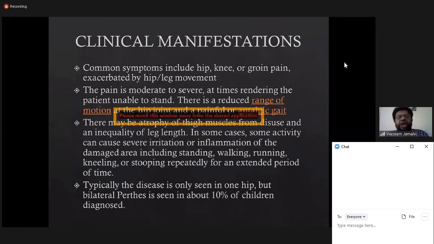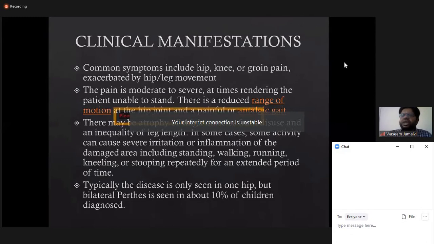So the child can be presented with a reduced range of motion of the hip. Remember that there is a limping gait, but it is painful, very painful.